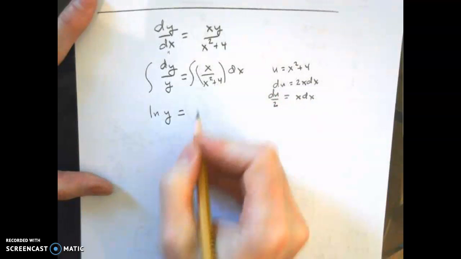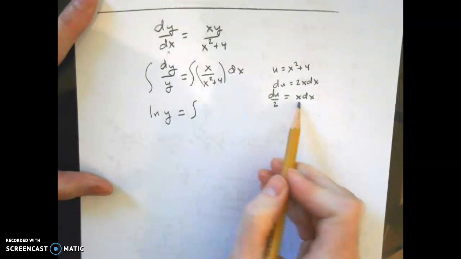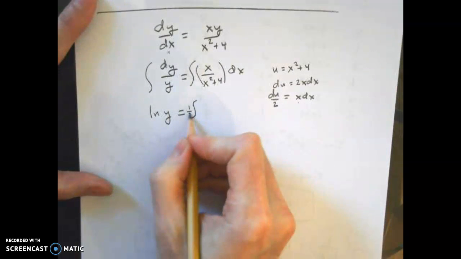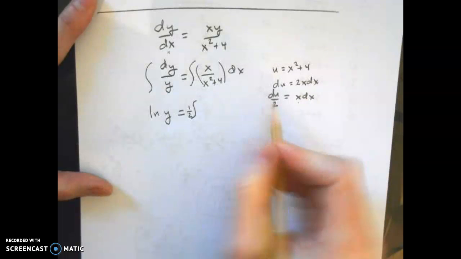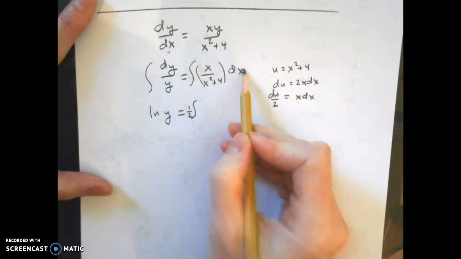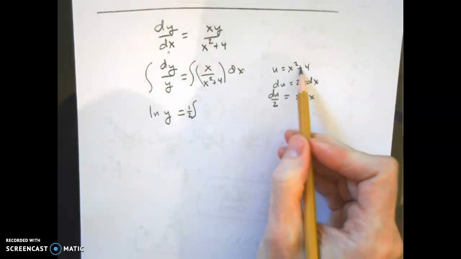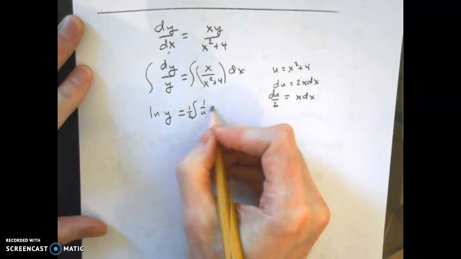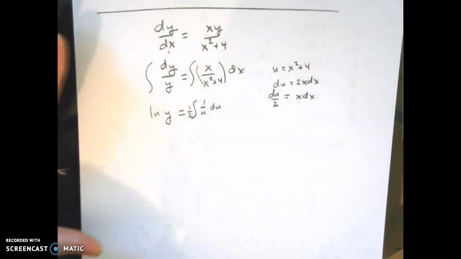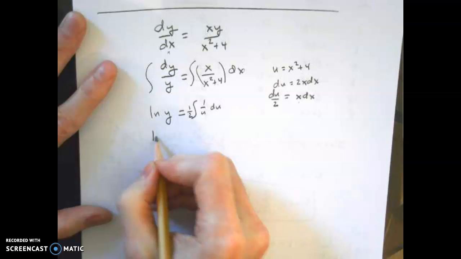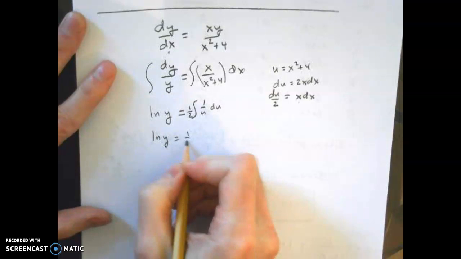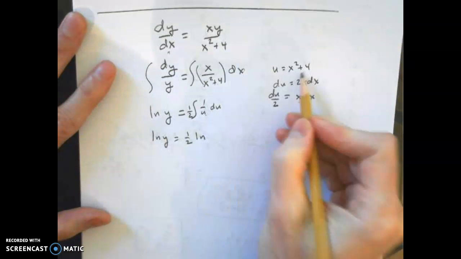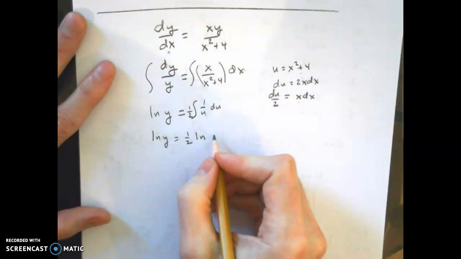So when we rewrite this, we'll take out the 1/2. The 1/2 du replaces the x dx, and then we've got 1 over u du. So the antiderivative of that: ln of y equals 1/2 ln of u, and u is x squared plus 4.